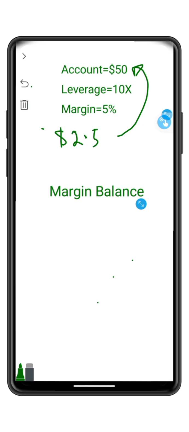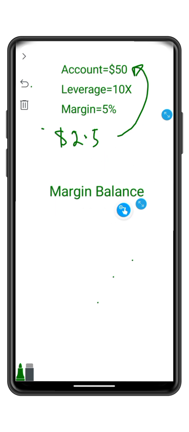So now on isolated margin mode, your margin balance would be this margin plus any profits you're making. Let's say you open a trade on isolated mode and you're making profits. So this margin plus the profits you're making.